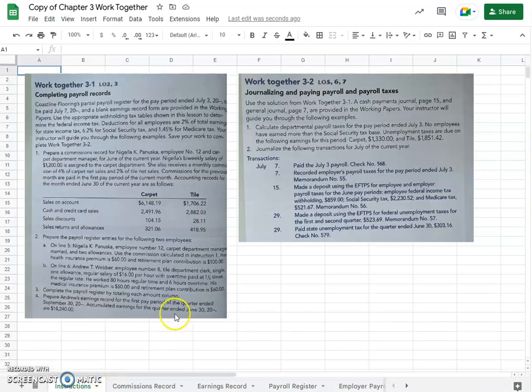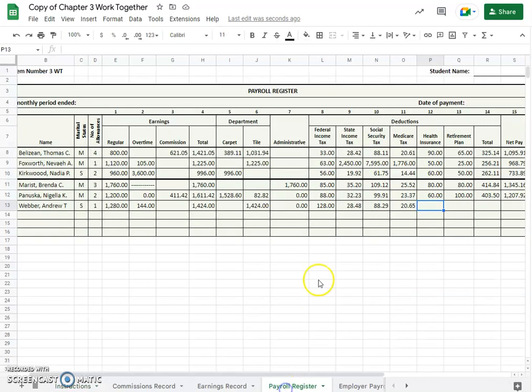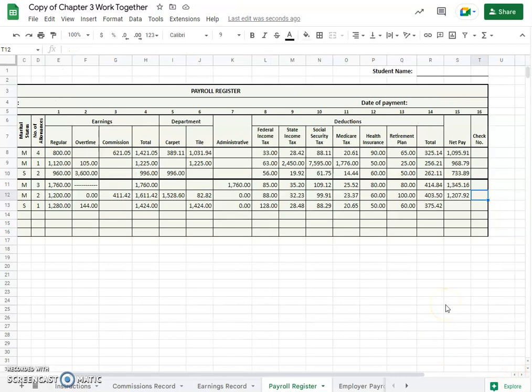Our problem told us that medical insurance was $50 and retirement contribution was $60. So our total deductions, we'll just use that same sum formula, and we'll use the same formula here to get net pay. $1,048.58.